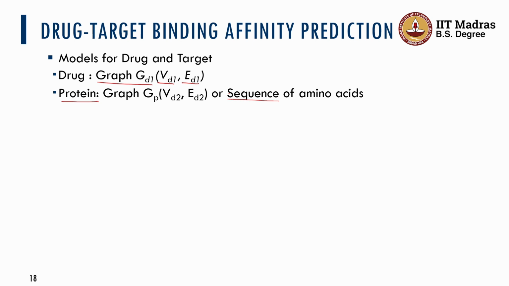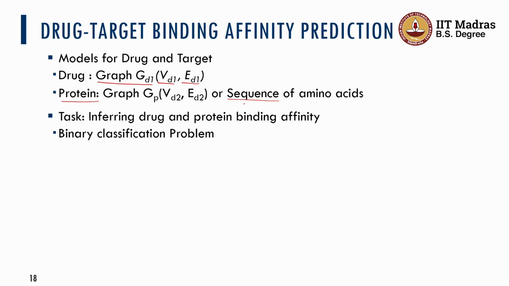And to model sequential data, there are many models available in the literature which you must have studied, like LSTM, RNN, etc. Here, for the sake of variety, we will assume that instead of a graph representation of protein, we will assume a sequence of amino acids representation of protein. But the drug will be a graph. And now, what I'm interested in is, I want to infer the drug and protein binding affinity using the available data.